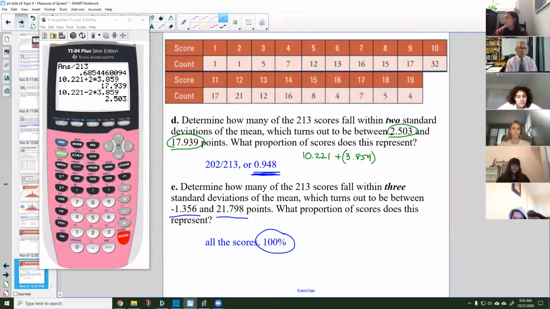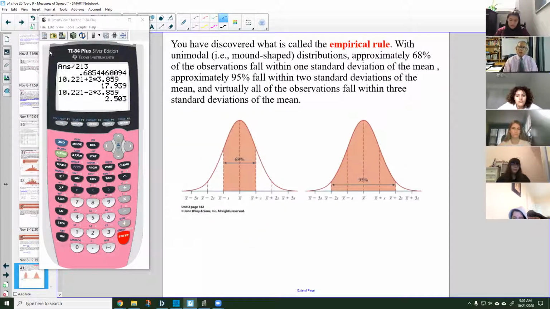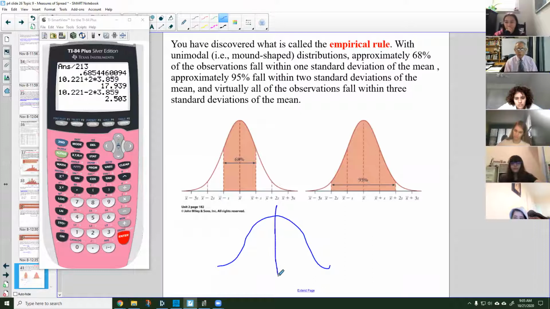So to totally blow your mind here, the empirical rule says, and we will go over this again next time, but if I have a distribution that is unimodal and symmetric, and it doesn't have to be exactly, but pretty much, here's my mean.